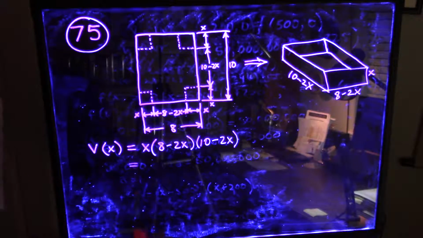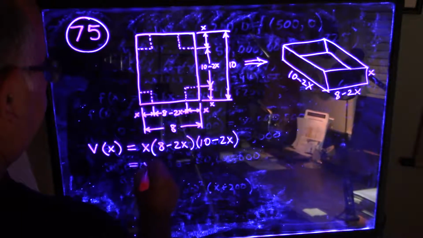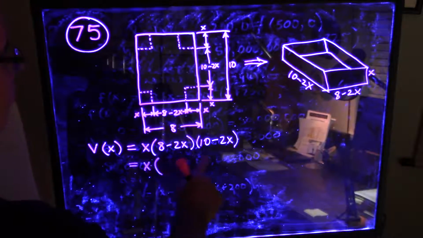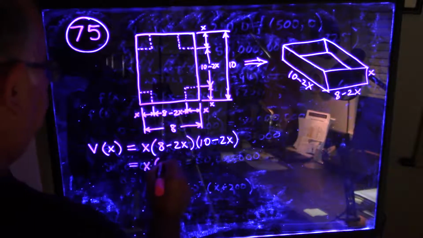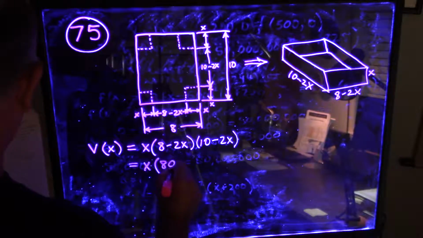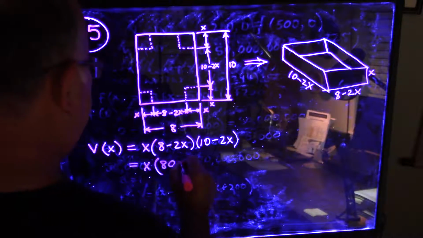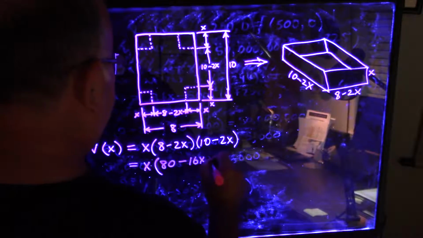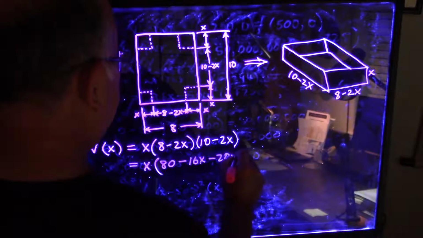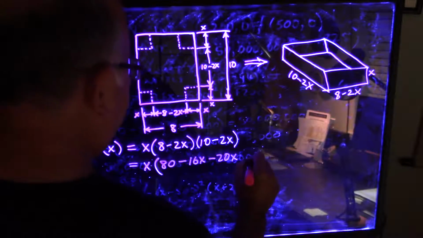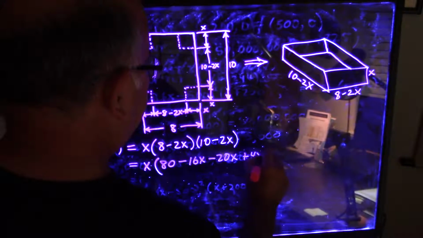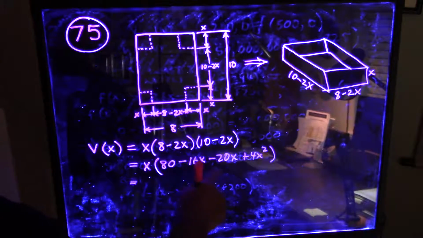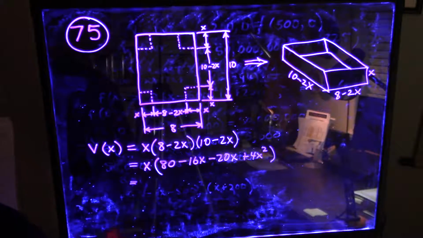All right, so that would be x, and then multiply these two here. Just multiply these two. You're going to get 80 minus 16x minus 20x plus 4x squared. And now you simplify here and multiply the x through.